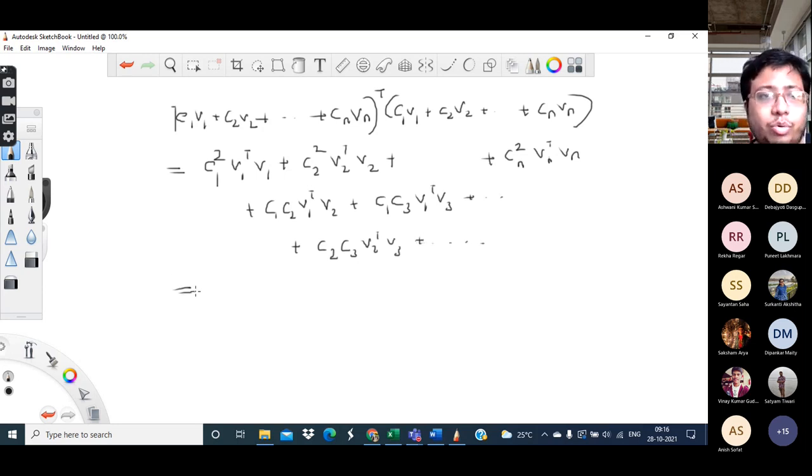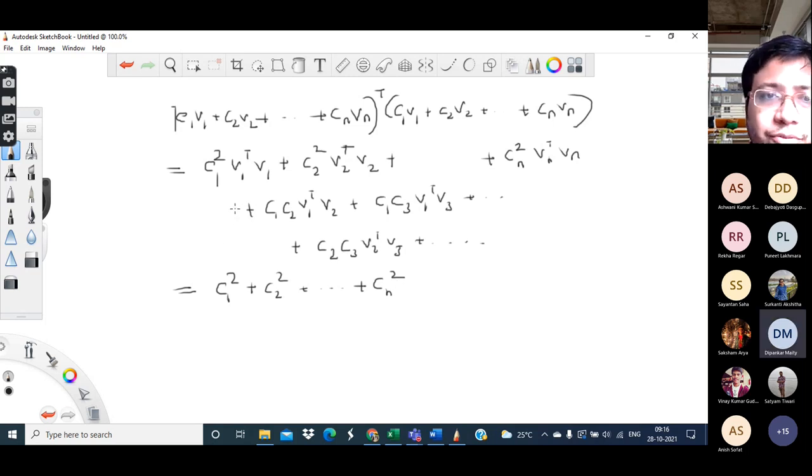Now, based on this, can you give me a simplified expression for what I have written here? What is the simplest way in which we can express this whole expression after any simplification possible? The cross terms are all equal to 0 because the vectors are orthogonal to each other.